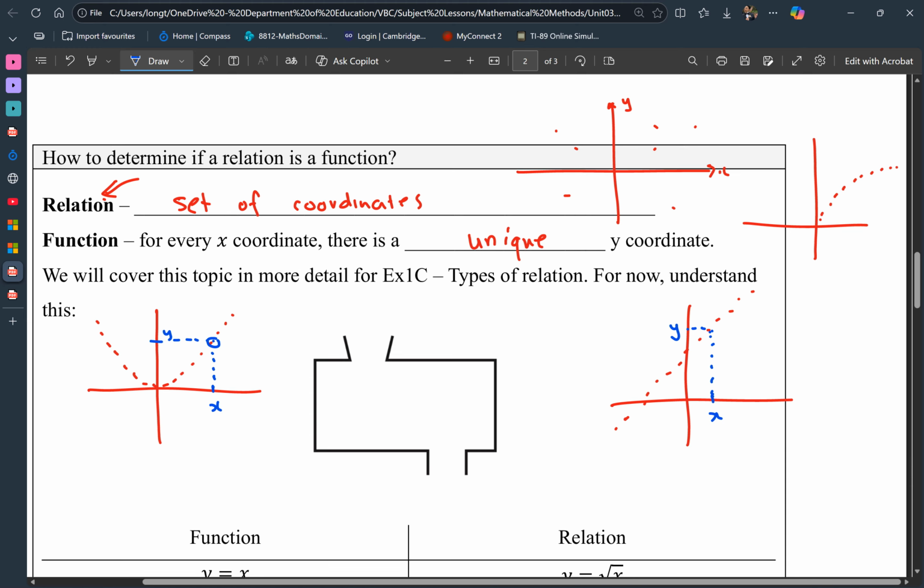Even though this other x value has the same y value, doesn't matter because every single point has only one x, one y. So this point only has one y. This point only has one y. It doesn't have two y's.